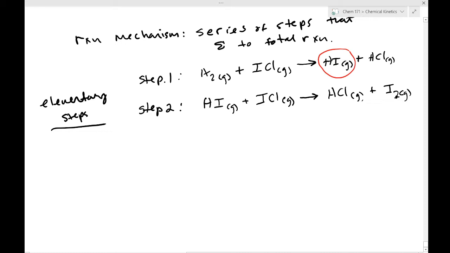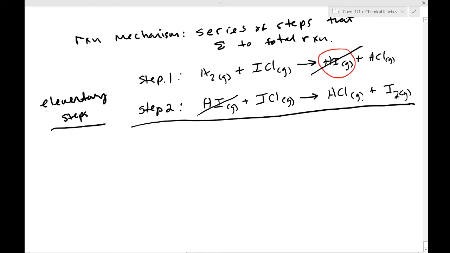Now these are the two steps. We can just sum them together and we should get the overall reaction. As you'll notice, the hydroiodic acid is present on both sides of the equation, so it goes away.